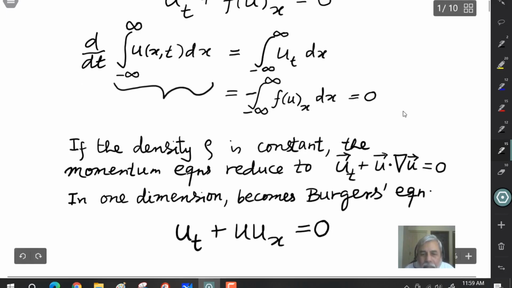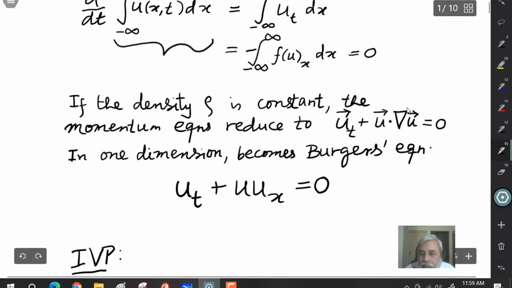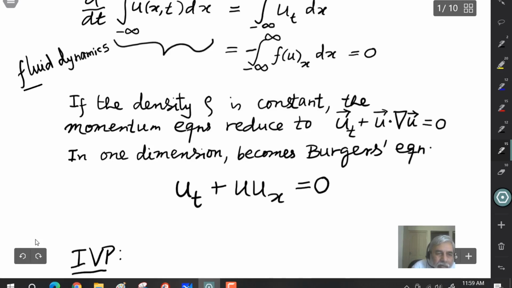Another example is from gas dynamics. In fact, most of the conservation equations are derived from fluid dynamics. I will discuss some of these things, but not in detail, so that you can refer to any introductory book on fluid dynamics.